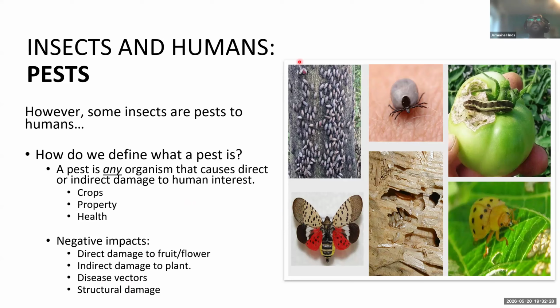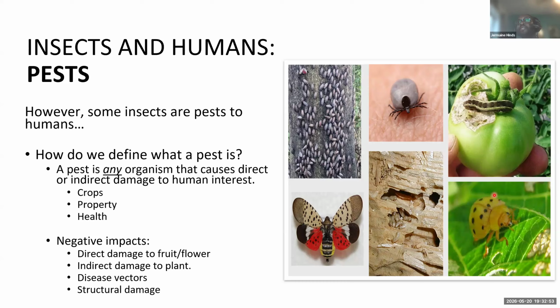We're all well aware of the spotted lanternfly. They can swarm. They appear in large numbers. They're attracted to many of the different species that humans use for food items, for aesthetic plantings, things like that. We see caterpillars as agricultural pests.